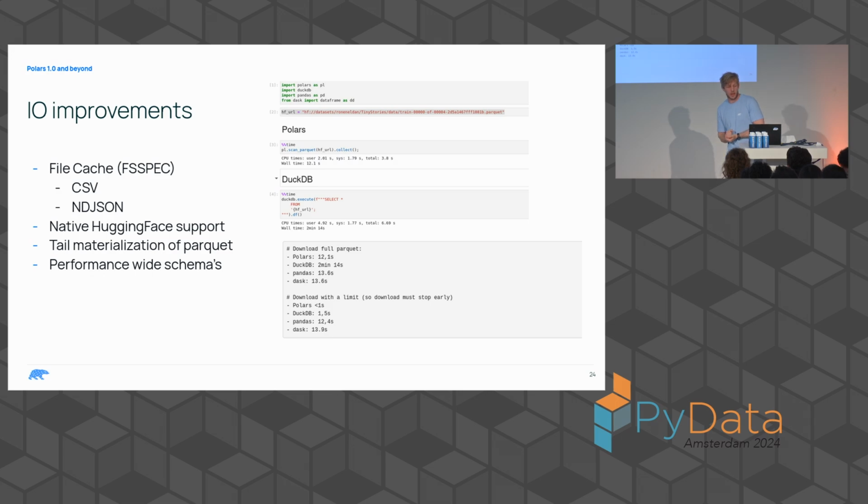And we made a lot of I/O improvements. The list here goes on and on. So who's familiar with fsspec, the file system spec? Yeah, it's a library that you can use, and you can open a data set somewhere on the internet, and it will download it for you, and it will just work as if you passed it to Python open.